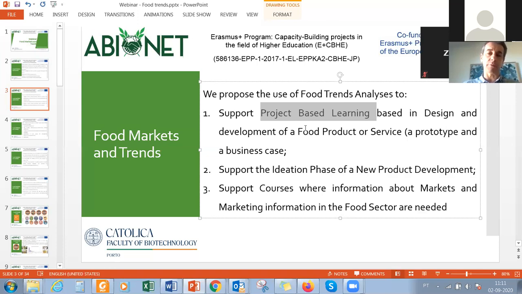And we use food trends in the first step of this learning approach in what we call ideation. So when the groups of students have to think about what will be the product that they will focus on, we give them different perspectives about trends in food, in the food sector, so they could understand what are social and what are consumer and what are industry trends.